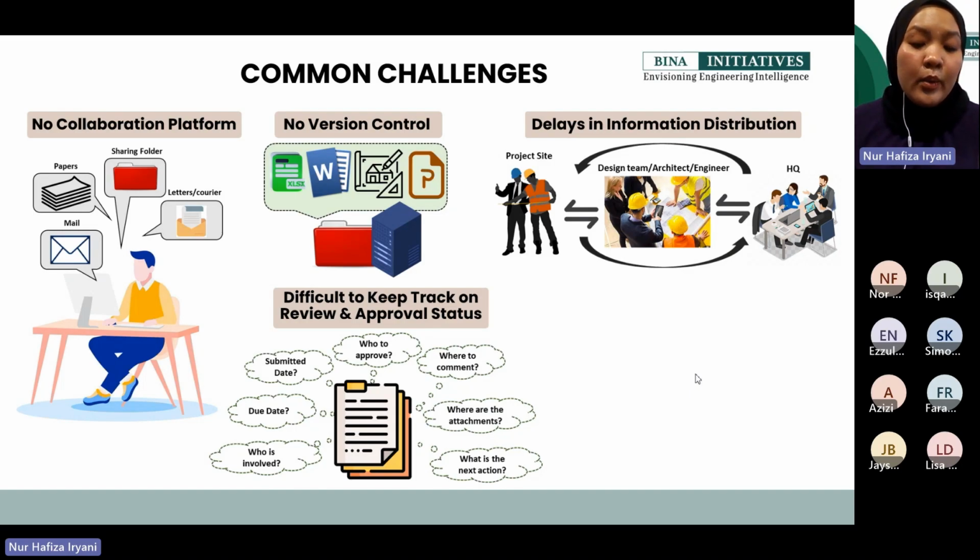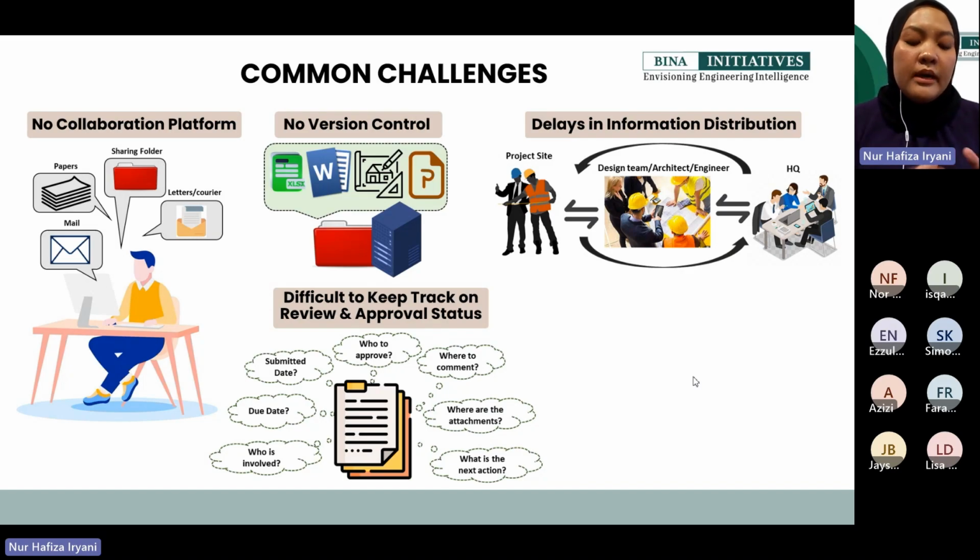We take one example, RFI, request for information. Sometimes a request for information will take several weeks and sometimes months to process through to closure. So the collaboration across different project teams at multiple sites is extremely ineffective.